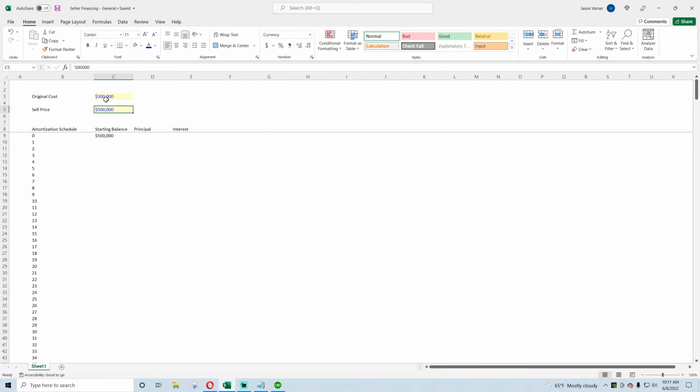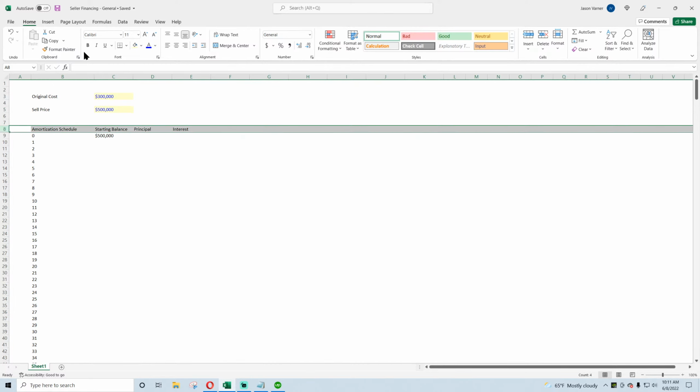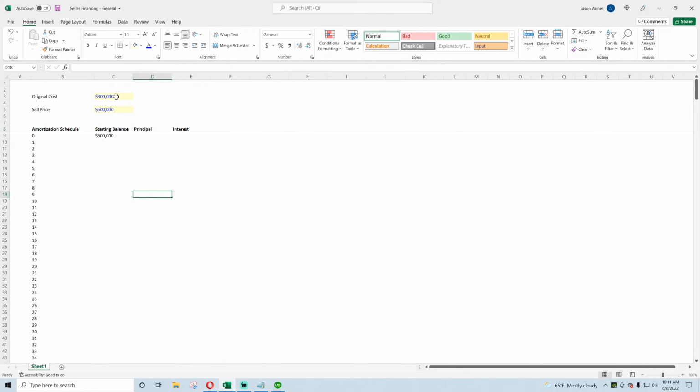Honestly, I'd have to find it. Let's just look at this example here. So you buy something for 300,000. You sell it for this price, and the buyer who's buying it from you is financing it. So starting balance, we want the principal payment, interest payment, and then ending balance.